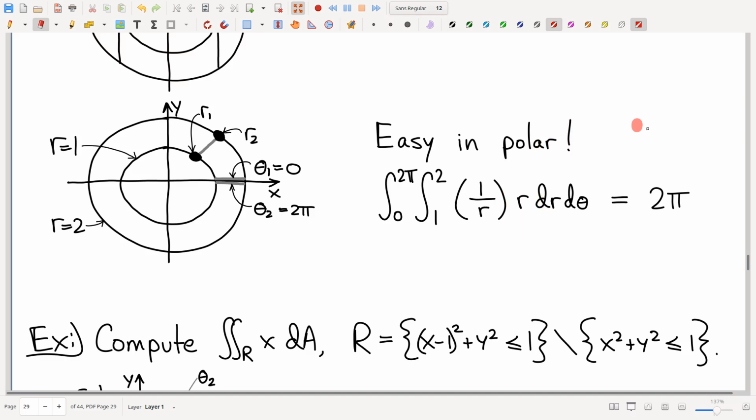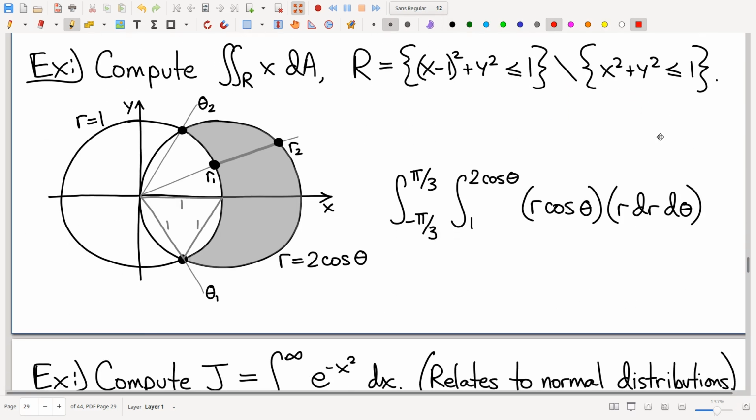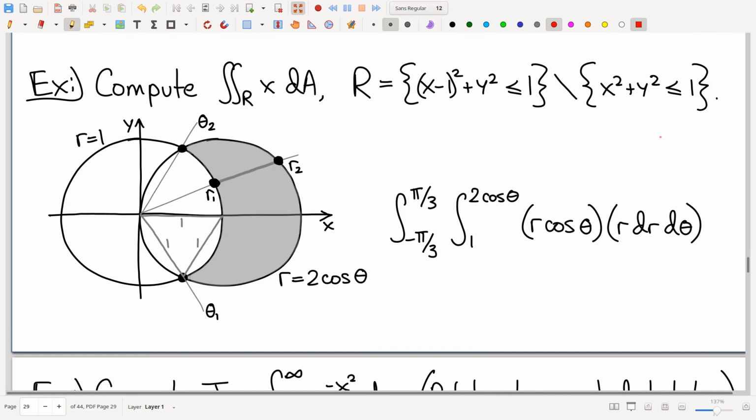Okay, let's see here. Next example. This is a little bit harder one, a little bit weirder. Our domain is this shape here, kind of a crescent moon-ish sort of shape, right? Notice that what it says here, just looking at it literally, this is a disk.